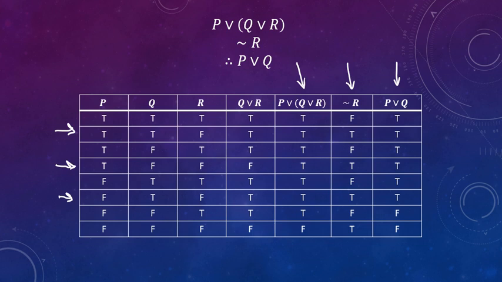So P or Q in row 2 is true. In row 4 is true as well. And in row 6 is true as well. So we've checked. We've seen that for every one of the cases where all of my hypotheses are true simultaneously, the conclusion is also true.